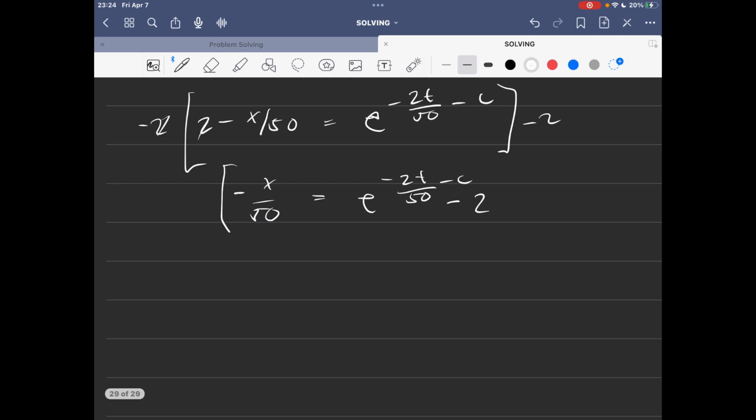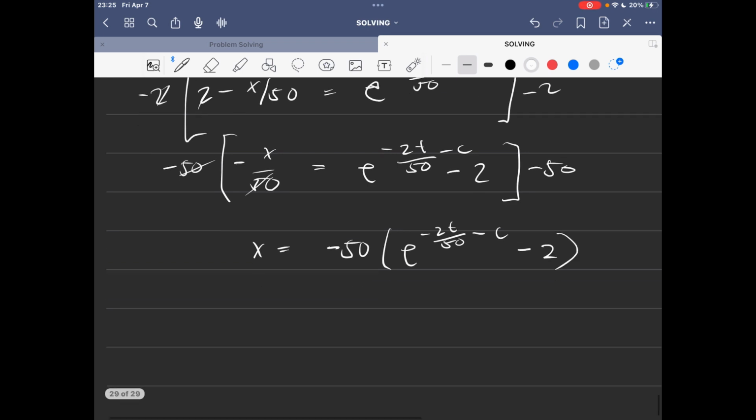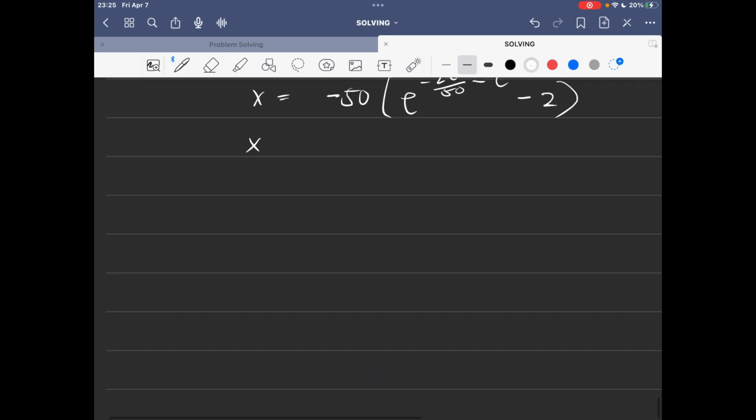Then we can multiply both sides by negative 50. So our x is equal to negative 50 times e raised to negative 2t over 50 minus c, minus 2.